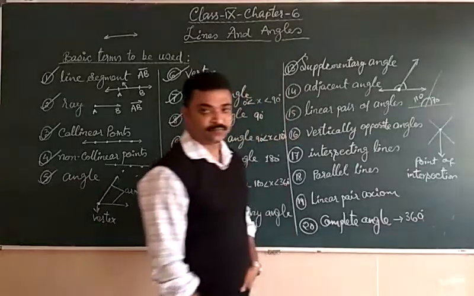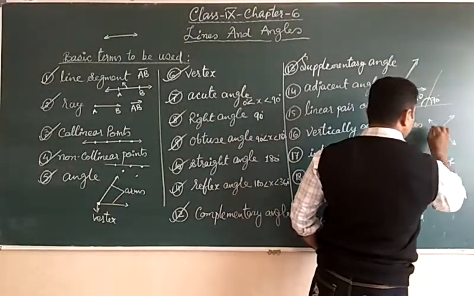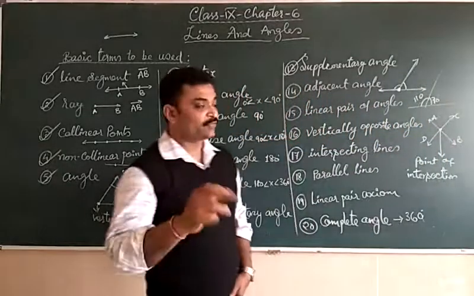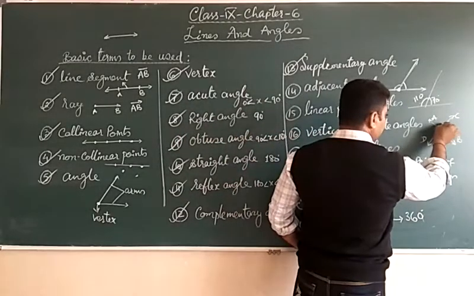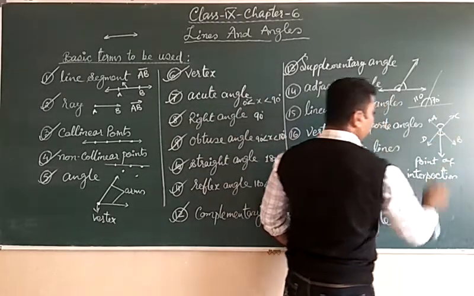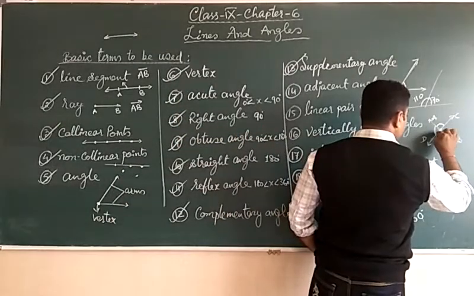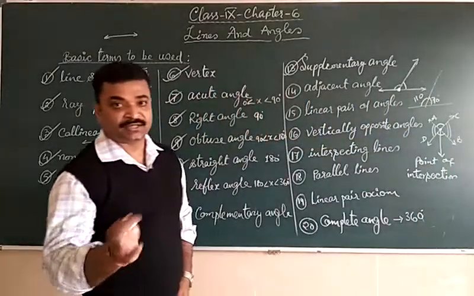Suppose these are two lines AB and CD intersecting at one point, then vertically opposite angles are formed. This angle and this angle are vertically opposite angles, and these two angles are also vertically opposite angles.